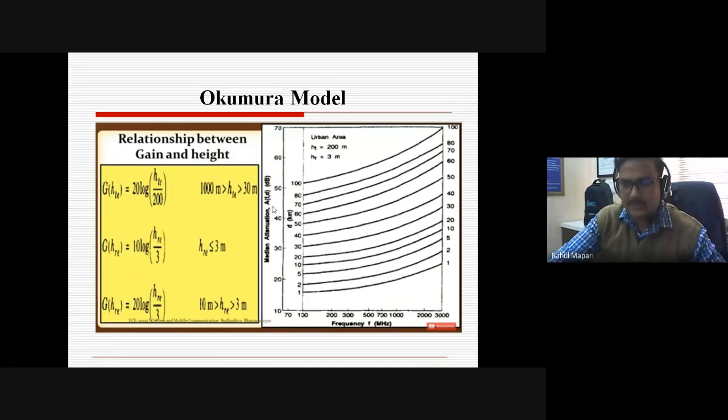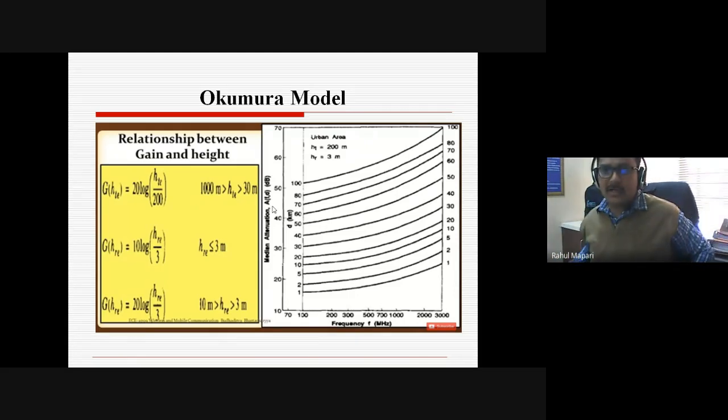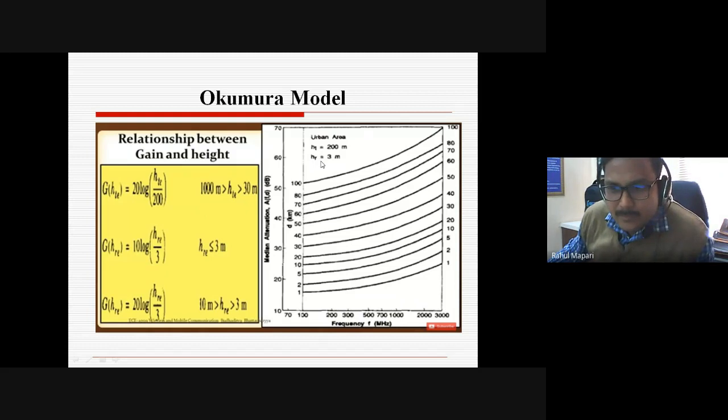Now we know this Okumura model is applicable for urban areas. Here they mention the height of the receiver antenna HR is 3 meters, and the height of the transmitter antenna HT is equal to 200 meters. This is one example actually. Now, from this, how can we calculate the attenuation A of F, D? Here I will give one or two examples.